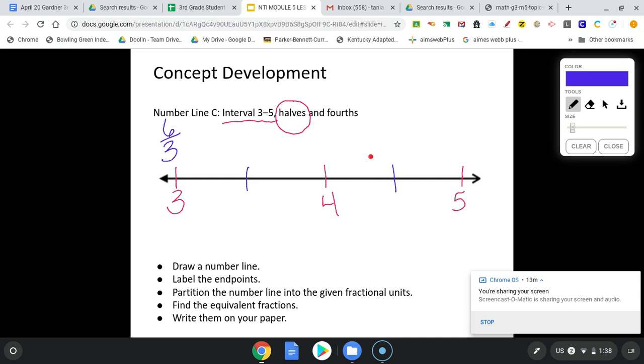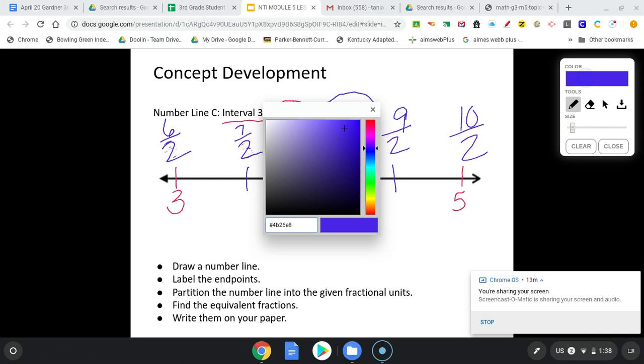So 6 halves, 7 halves, 8 halves, 9 halves, and 10 halves. I messed up there, guys. If we were in class, I know that you would have told me that. Now, the other we need to partition into 4.